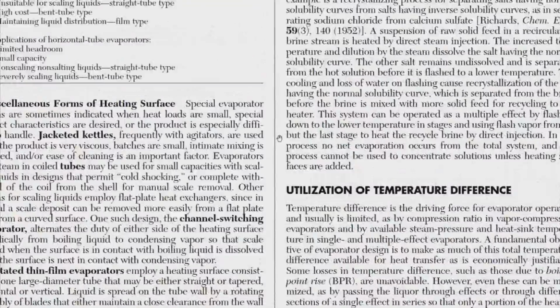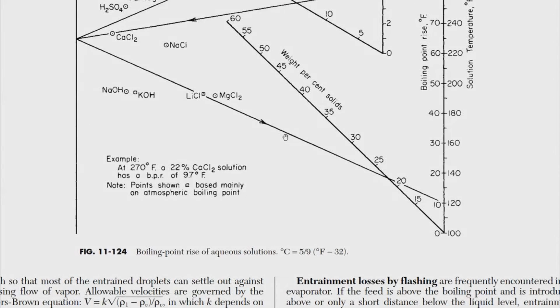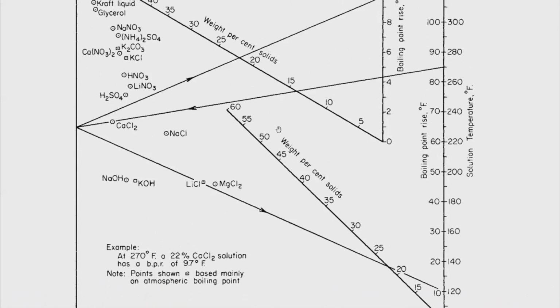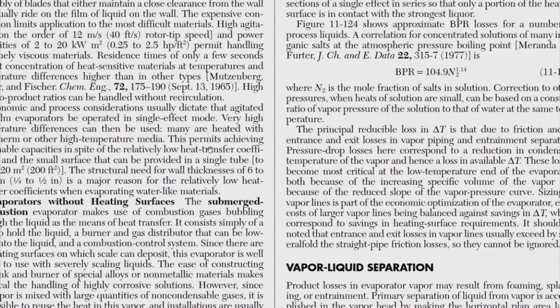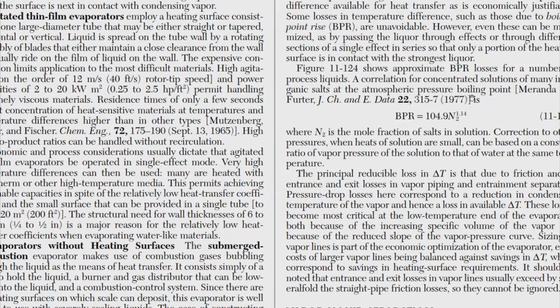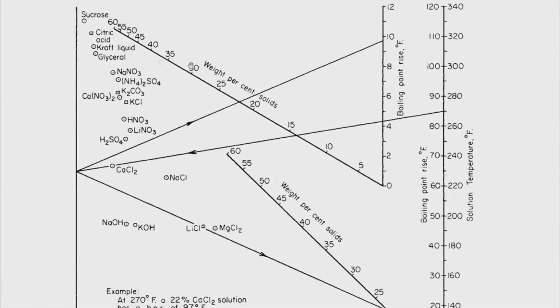And of course, if the compound is something like, for example, sulfuric acid, we know that this is not an inorganic salt, because that's not a salt, that's an acid. This is limited to concentrated solutions of inorganic salts. If you have, for example, craft liquor or citric acid and glycerol, they are not inorganic salts.